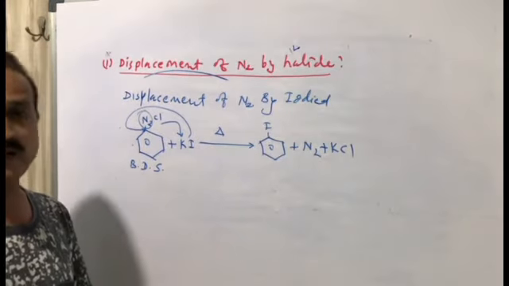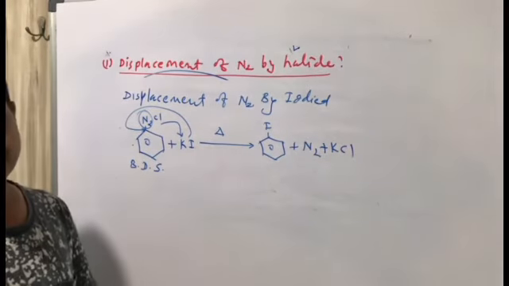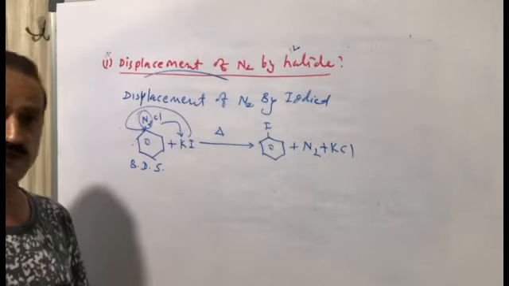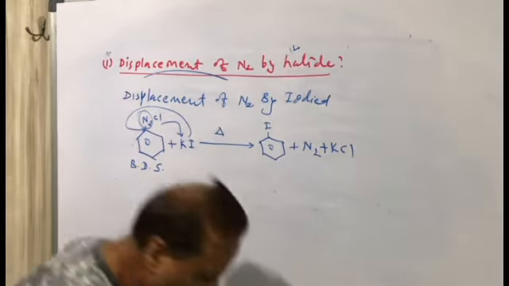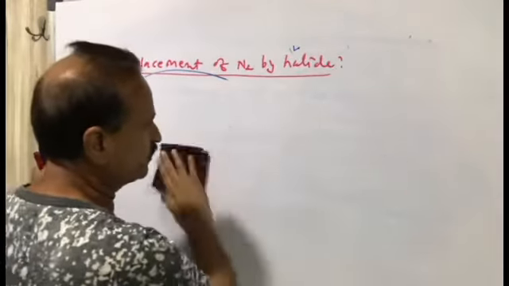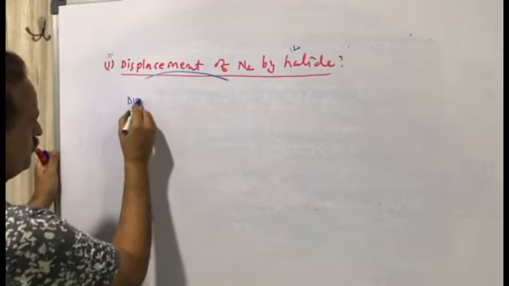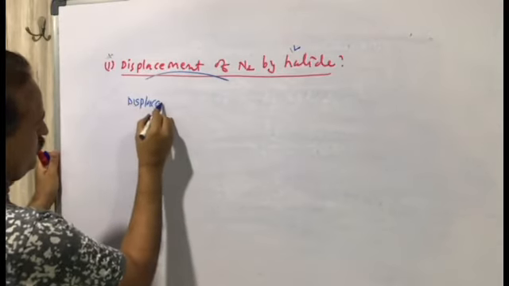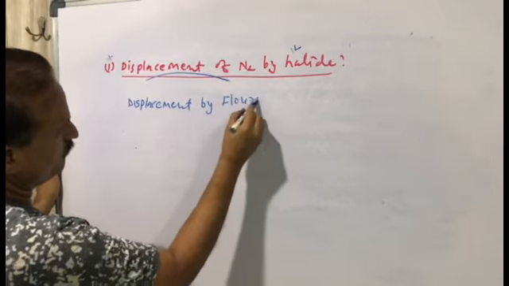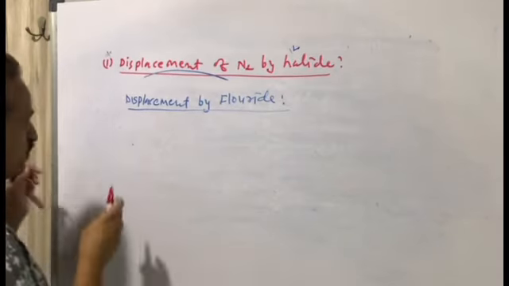Now displacement of dinitrogen gas by fluoride. Hydrofluoroborate or fluoroboric acid, you can say, is used.